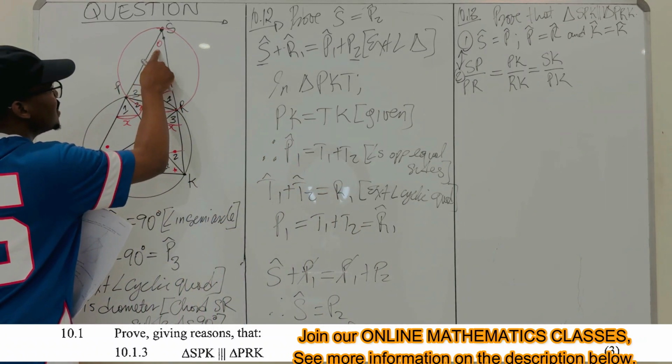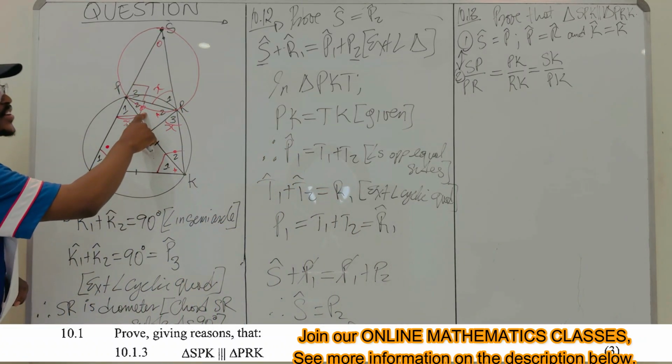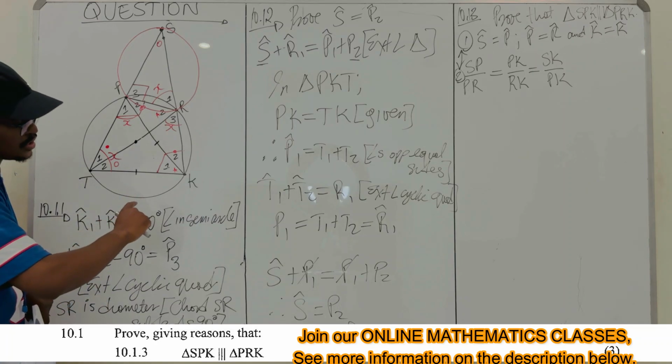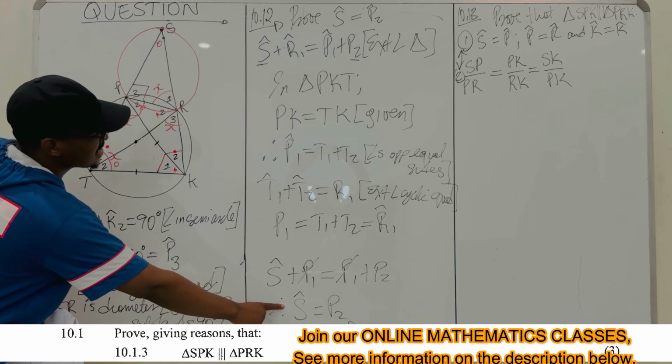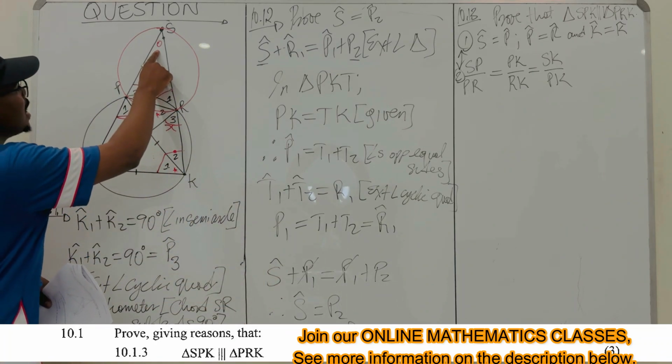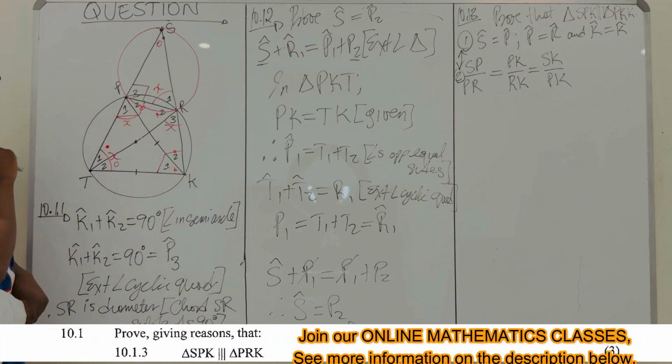Which is your S and P? It's what we were proving on the first question, or maybe in the second question. So we have shown that angle S and angle P are equal.